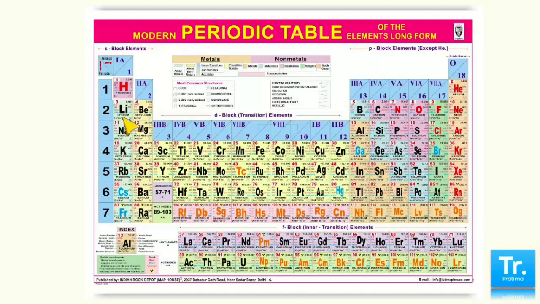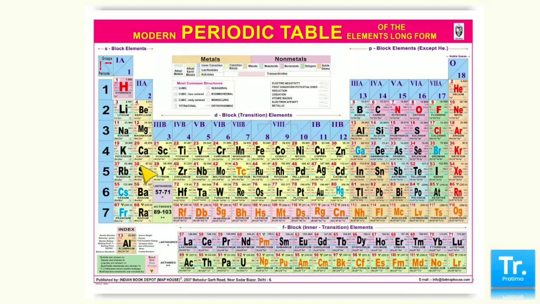The second period, lithium, beryllium, boron, carbon, nitrogen, oxygen, fluorine, neon, they all have 2 shells. Similarly, the number of the period indicates the number of shells present in an atom. So the sixth period, as I just named it, 57 to 71 are lanthanides. The seventh period, 89 to 103 are actinides.